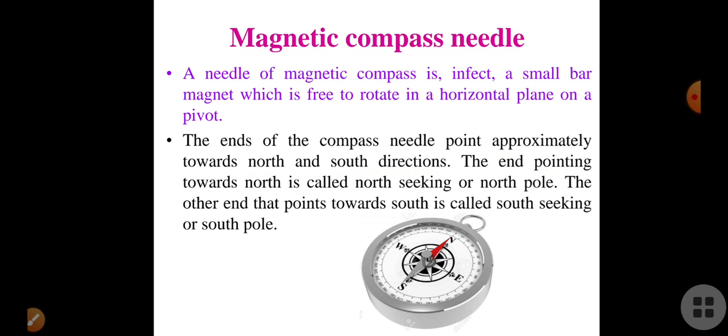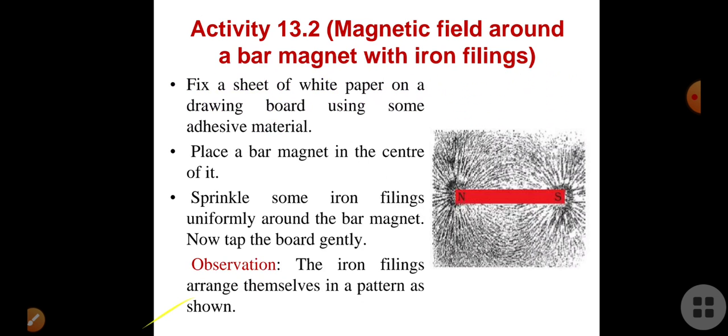The end pointing towards north is called the north seeking end or north pole, and the other end that points towards south is called the south pole. And if no magnetic material is placed near this compass needle, then the needle rests in north and south directions according to the Earth's magnetic field.